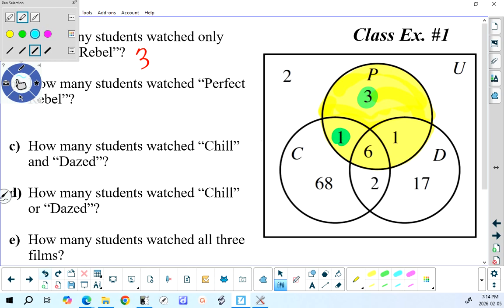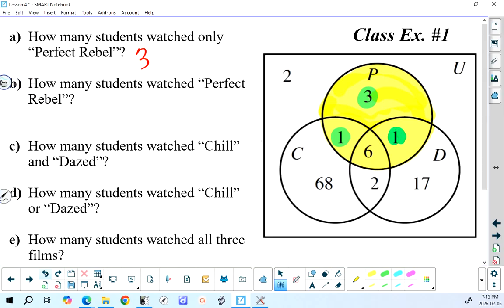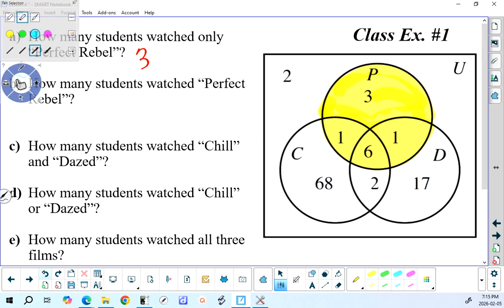We have this one, which watched Perfect Rebel and Chill. We have this one, which watched Perfect Rebel and Dazed. And we have these 6 who happen to be inside of all 3. So when we add those together, we get a total of 11. So 11 students watched Perfect Rebel.